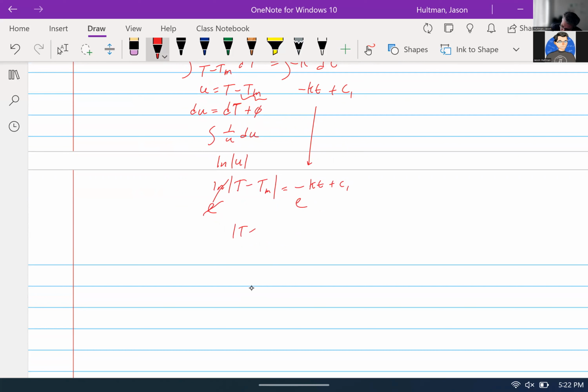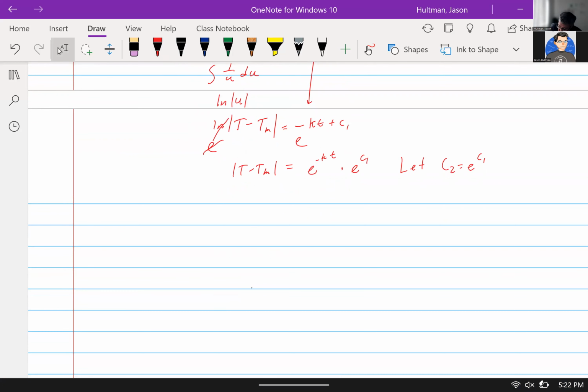That gives me T minus Tm is equal to negative e to the negative kt times e to the c1, and we're going to let e to the c1 be c2. So T minus Tm is equal to c2 e to the negative kt.